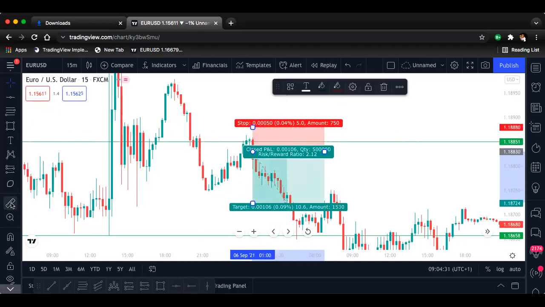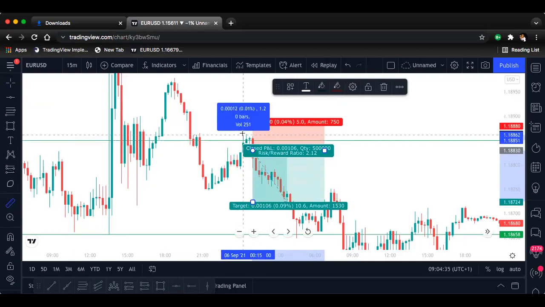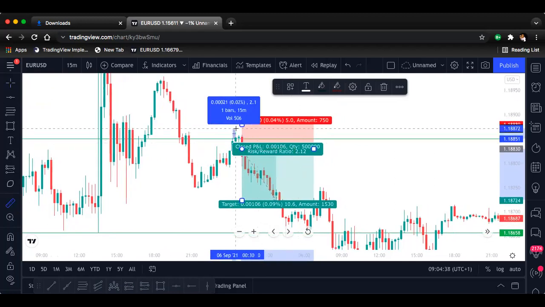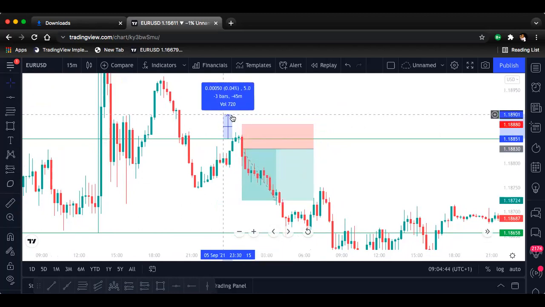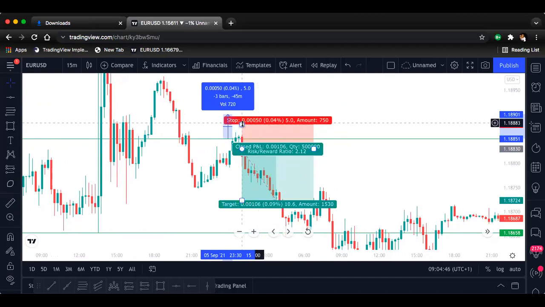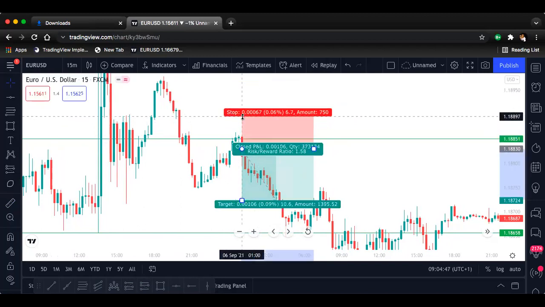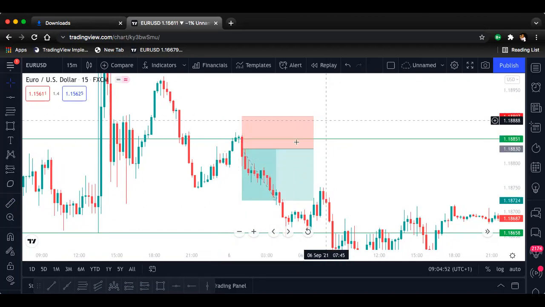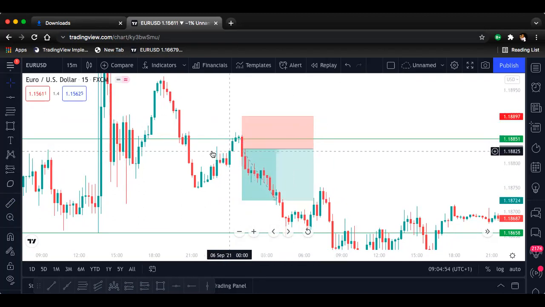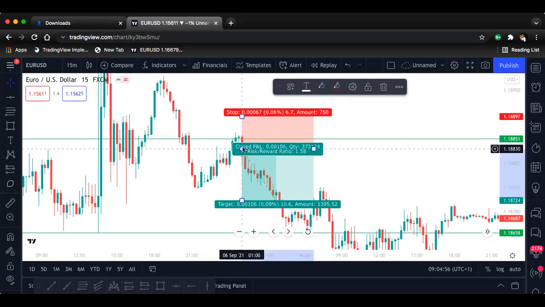Let's do a measure again. Okay, this is 5.0. So this would have been around this height. Sorry, for your risk reward, this should be around your entry.